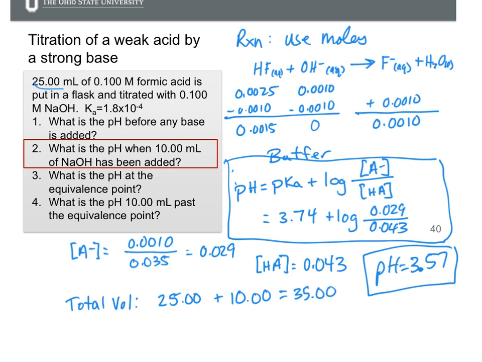Okay. Yes? Since you're dividing both by the same volume, you can't just say... Yeah, because these are in the same volume, you can just ignore that. It cancels out in the equation. If you have moles over a volume, and that volume's the same number, it does cancel out.